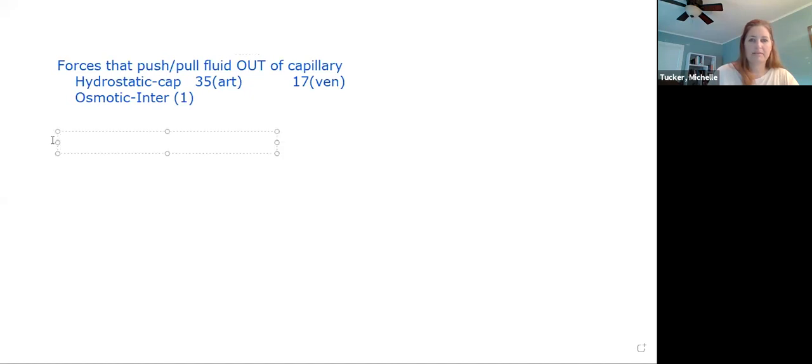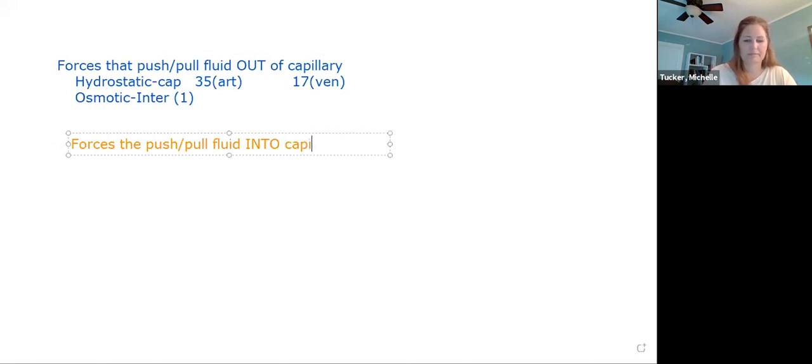Then we have forces that push or pull fluid into the capillary. Those are going to be the osmotic pressure of the capillary, which is consistent at, does anyone remember the number?